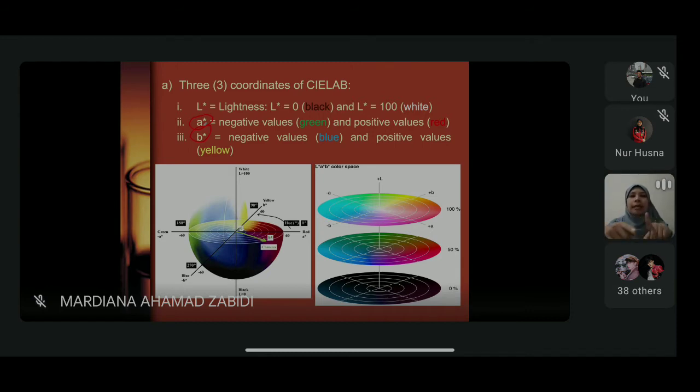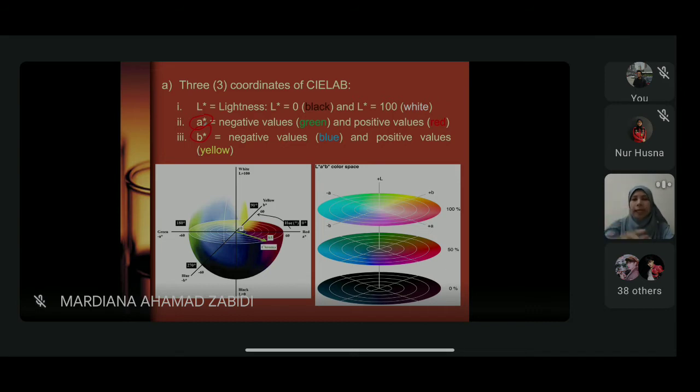Okay, one is L A star B star, the other one is L A B without the star. But for current usage, we are using the system of L A star B star. So that's why in your lecture notes we are talking about A star B star.